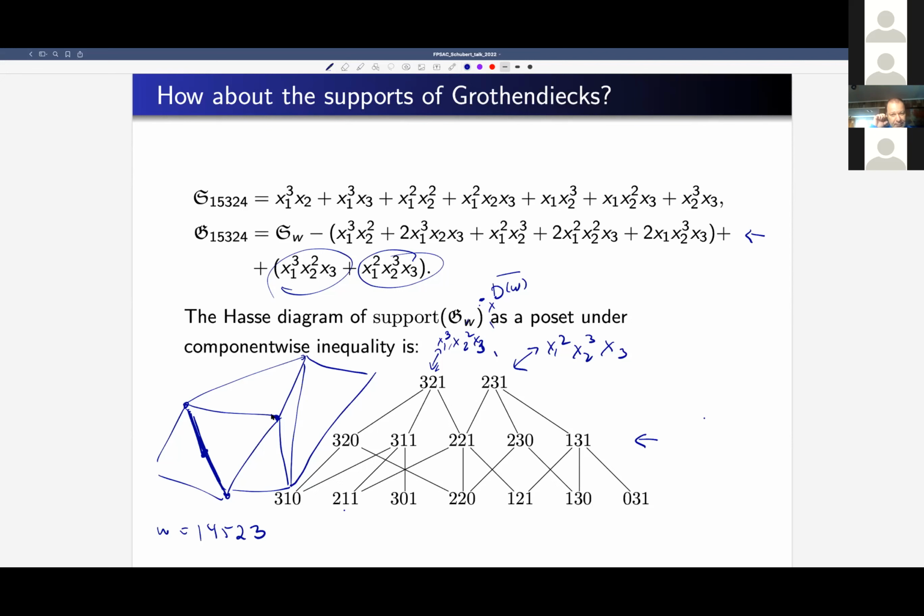Yes. Very nice talk, Karola. Thank you. I had a question maybe also about this. Does the Newton polytope of these Grothendiecks have special structure because of this nice structure? Sure. Well, both ways. Proving the polymatroid or generalized permutahedra conjecture on Grothendiecks would imply this, and then probably one could go from here to there.